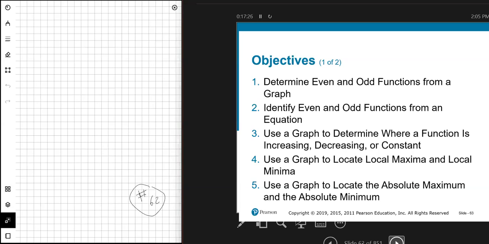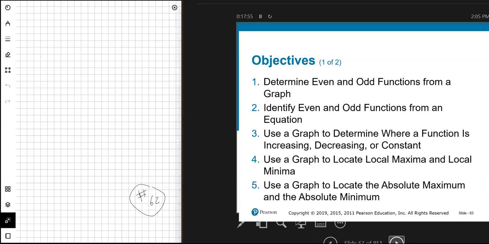One of the properties is that a function could either be even or odd. And we can determine that from their graph. We can determine that from the equation, the formula. And so that's what we're going to be looking at. But not all functions are either even or odd. Some are neither. So we look at what happens with those.